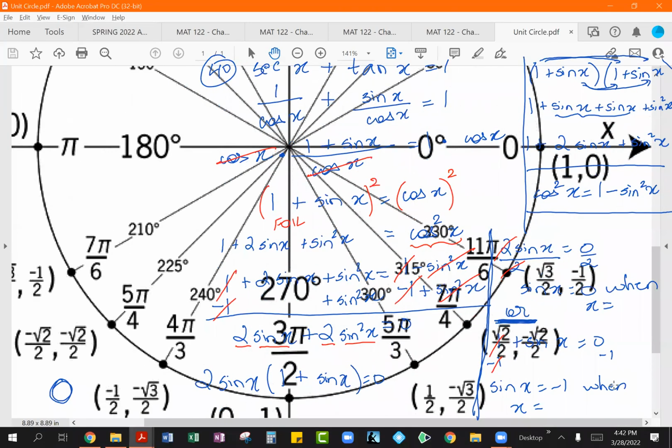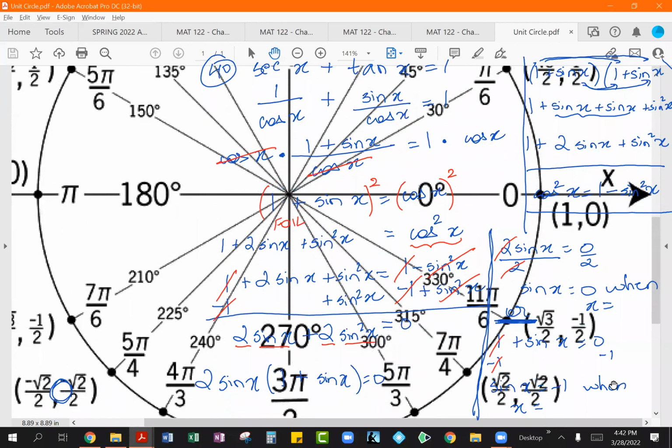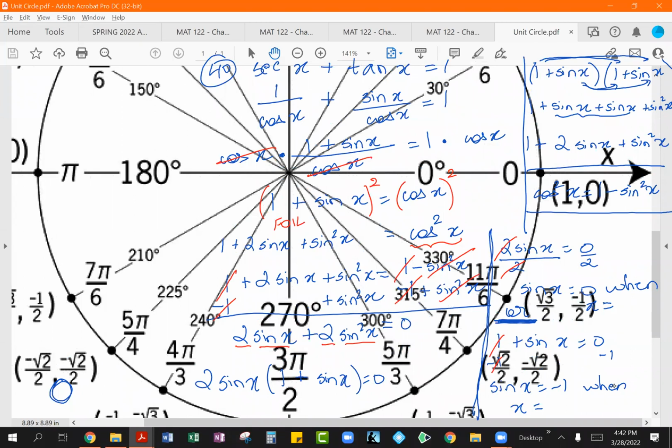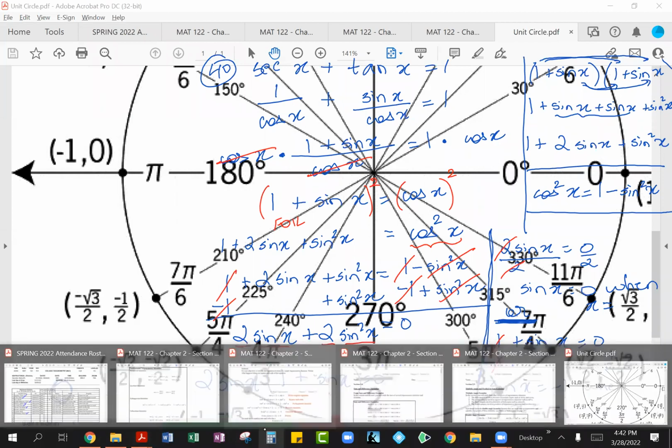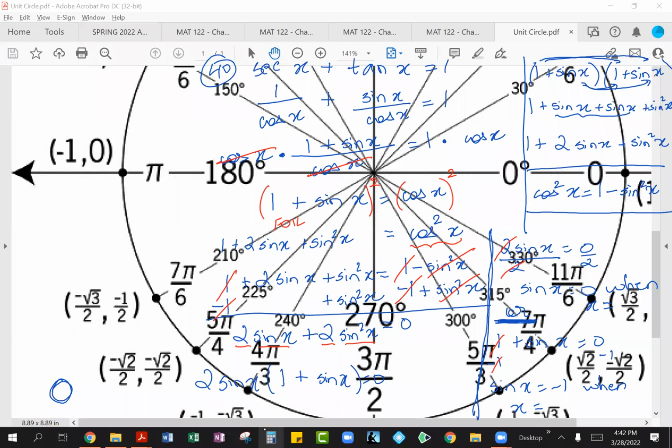Okay, so we're talking about when sine of x is 0, and sine of x is 0 when your angle itself is 0. Also, sine of x is 0 when the angle is pi, and you guys definitely had that answer in there. So I've got 0 and pi.